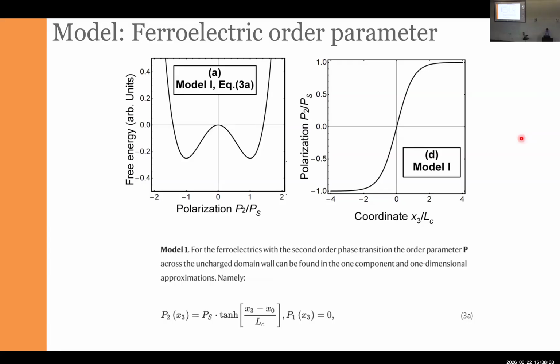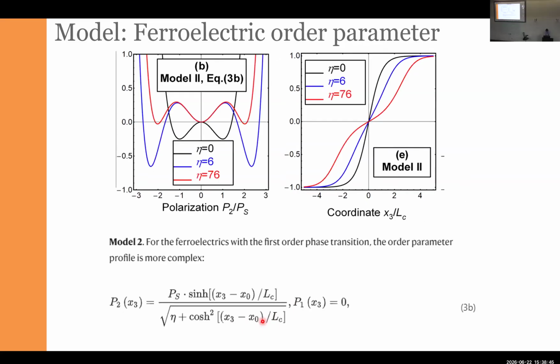It turns out that depending on what form of the order parameter we have, the wall will have a simple geometry. For example, for a standard material like this one, the wall profile will simply be the hyperbolic tangent. If we have the order parameter like this, corresponding to the first order phase transition, then the domain wall profile would be much more complicated. It will go like this.